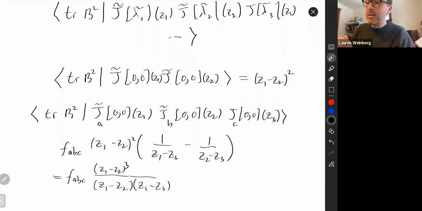So you can ask, what is the conformal block corresponding to trace b squared? It's determined by what it does to two insertions. The only role trace b squared plays is in this expression here. If I want the conformal block for trace b squared, by thinking about its quantum numbers, this formula must be true.